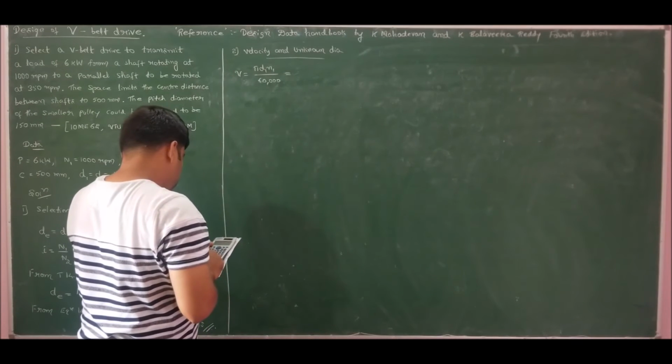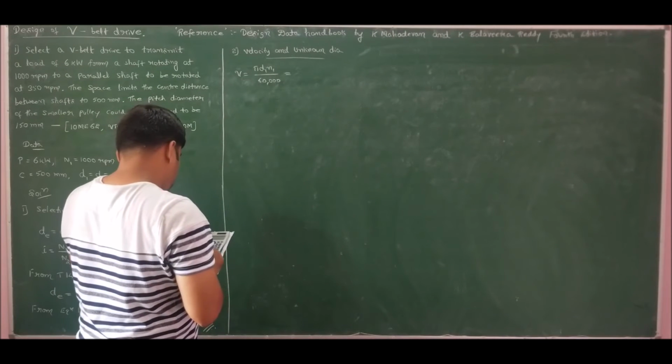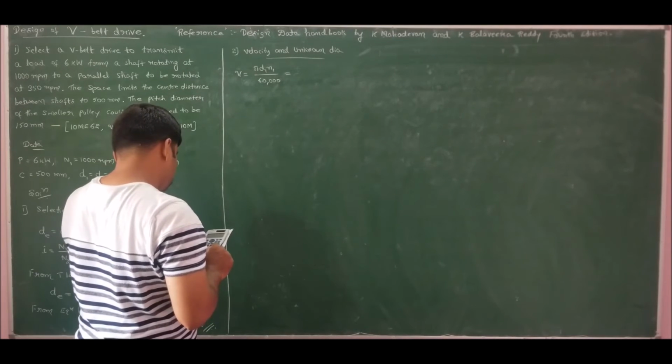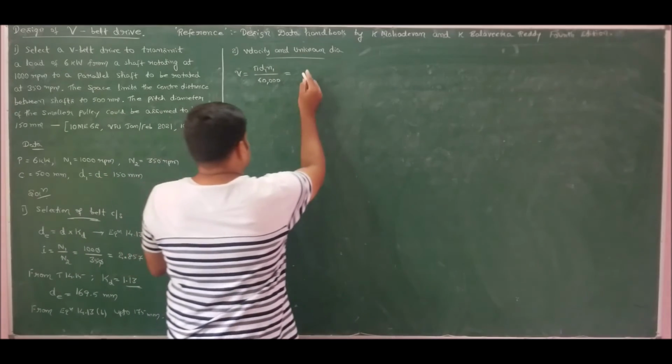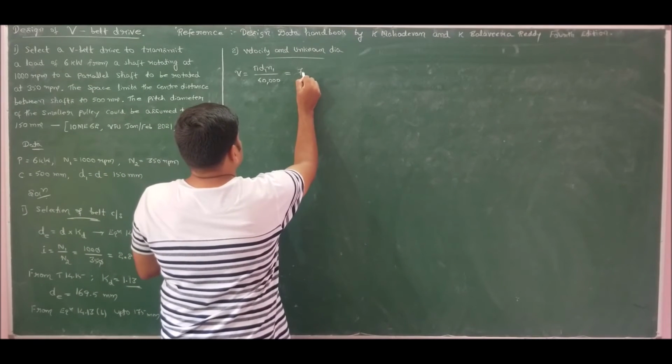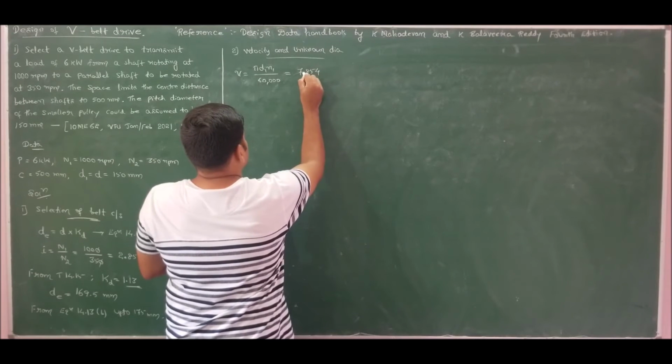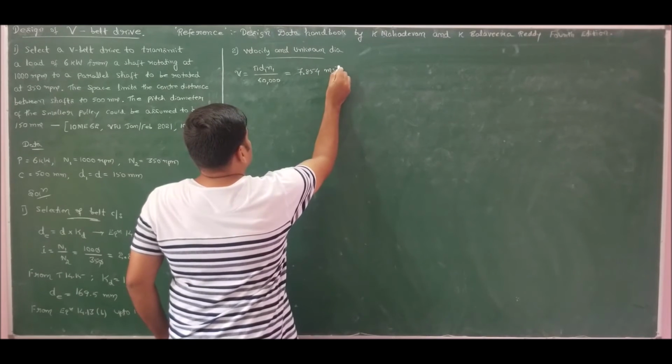That is pi times d1, which is 150, rotating at 1000 rpm, divided by 60,000. The velocity turns out to be 7.854 meters per second.